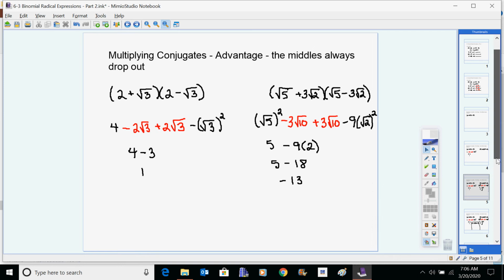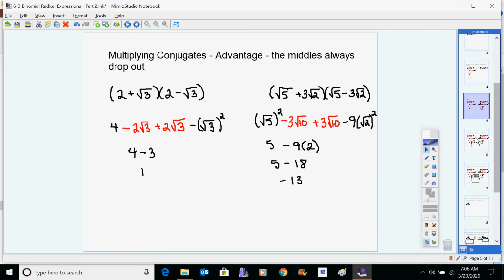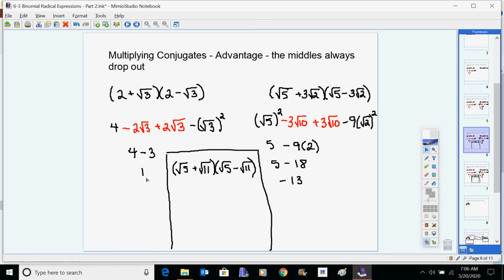So what I would suggest for this next one is let's try thinking about this one without even writing in these middles. Because if we can do it without writing in the middles, then it just saves us some time. So for example, this one would go ahead and turn into 5 minus 11.